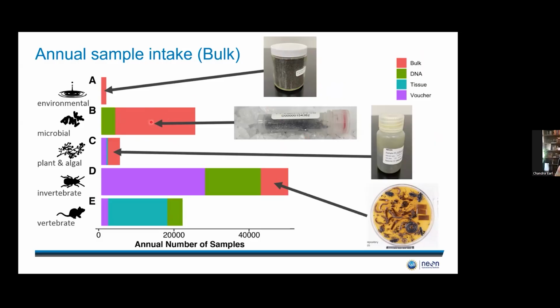But this also includes the surface water microbes and the benthic water microbes as well. For plants, this typically is represented as collected macro and microalgae samples that are stored in glutaraldehyde. And for the invertebrates, this mostly includes those bulk beetle and bulk invertebrate samples that we talked about earlier from that ground beetle sampling.